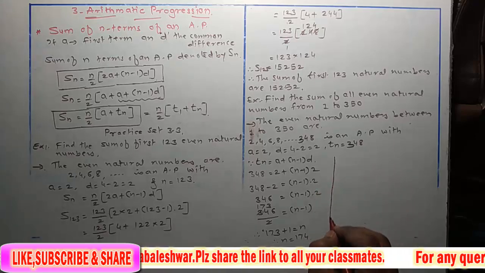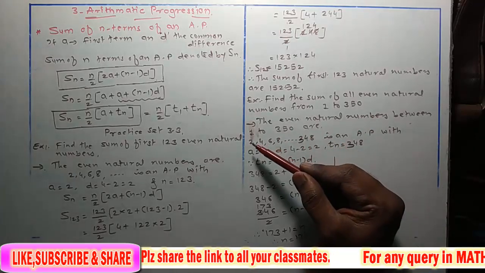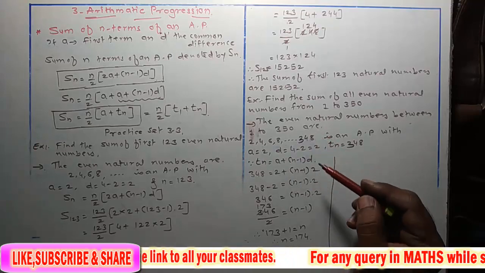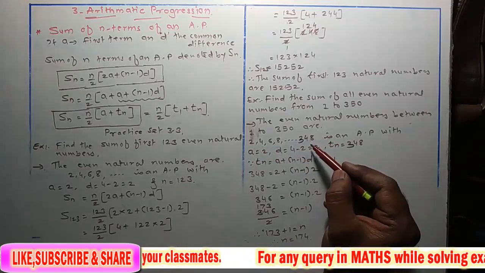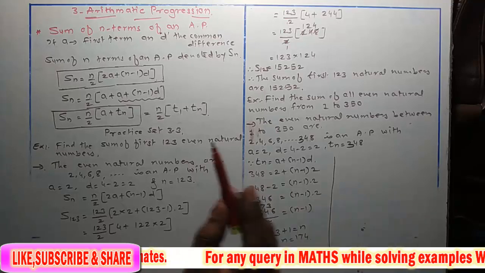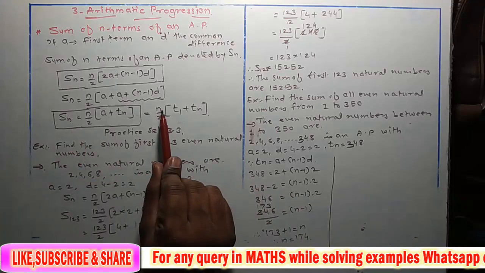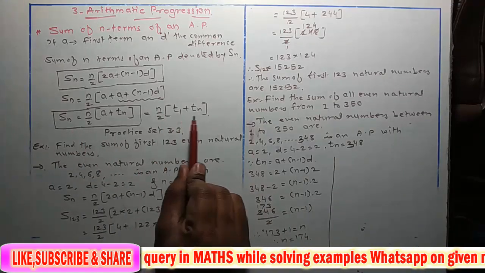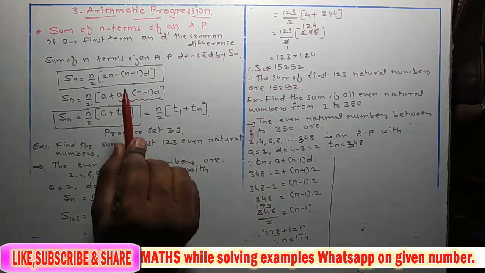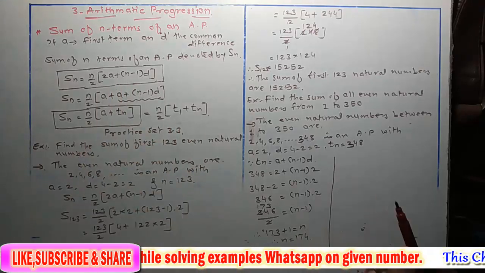Okay, now in this case, if you observe, the first number we know, the last number we know, and how many numbers there are from 2 to 348, that also we got here. So by using the second formula, Sn is equal to n upon 2 into T1 plus Tn, we can easily find this addition. No need to take the first formula.